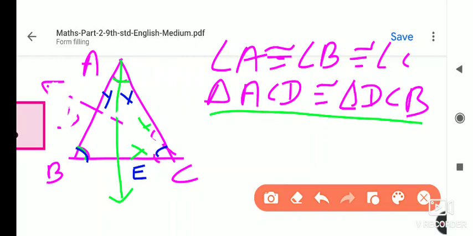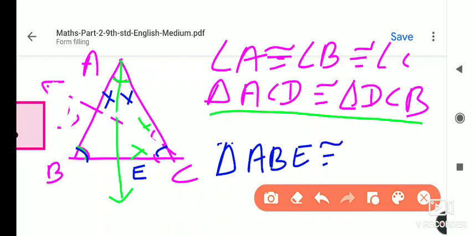And if BAE and CAE are congruent, by the angle test these two triangles are also congruent to each other. Which triangles? Triangle ABE is congruent to triangle CAE.